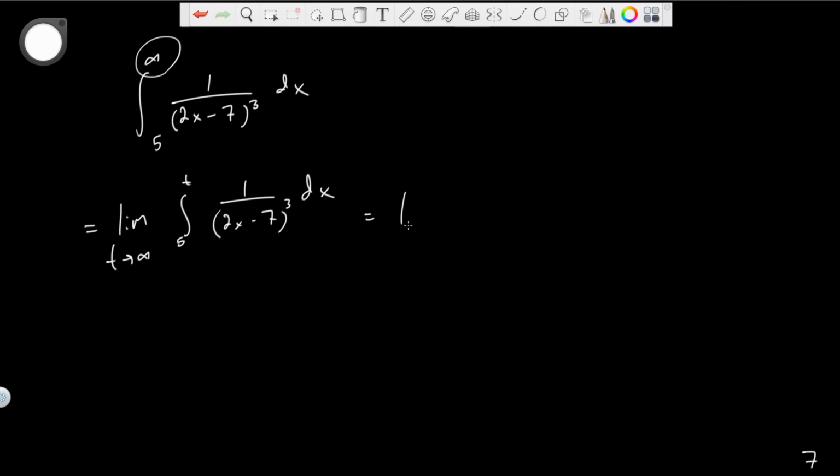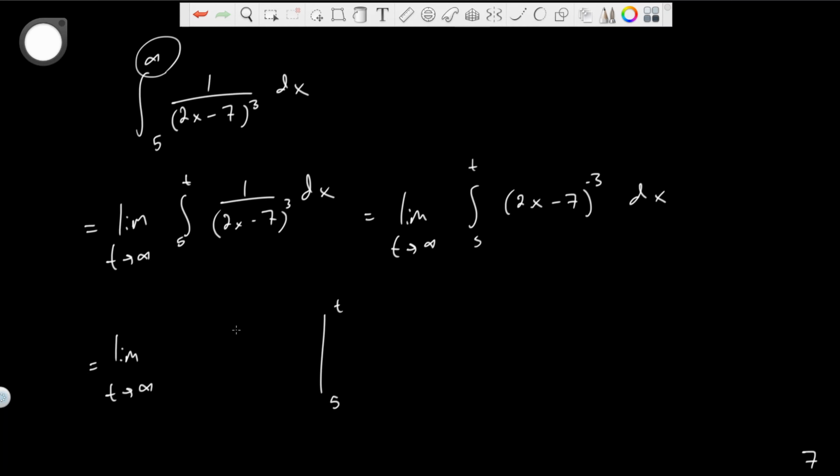That's step 3. We have the limit. Now we just have to carry this limit with us as we go. 5 to t of, I like to rewrite it as (2x minus 7) to the negative 3. But we're all integration experts now that the integration unit is over, so do this however you like. We're going to be integrating from 5 to t.